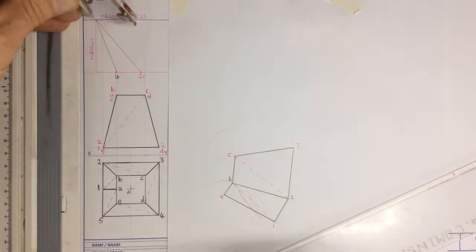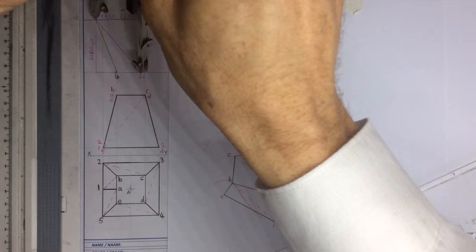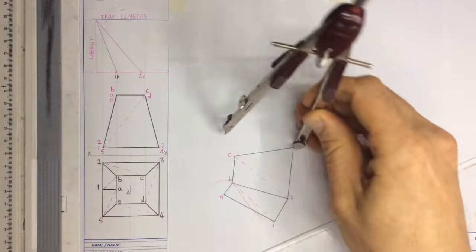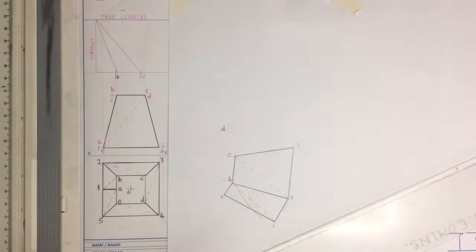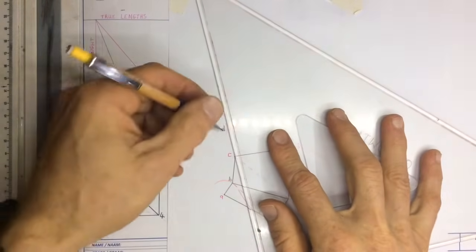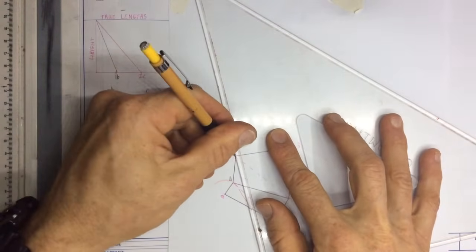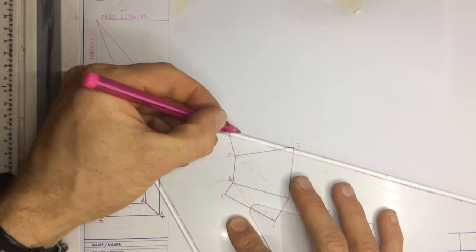It should be the same as this true length distance of 2C. Go across. True length distance from 3 to D. There is D. I can draw in a line going from C to D, and I can draw in the little dotted line going from 3 to D.